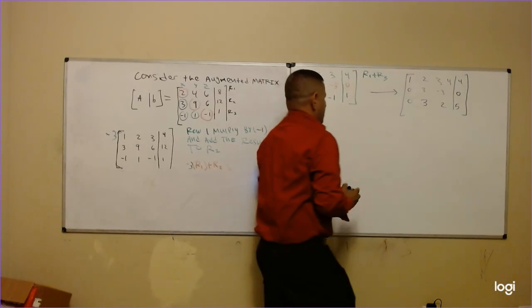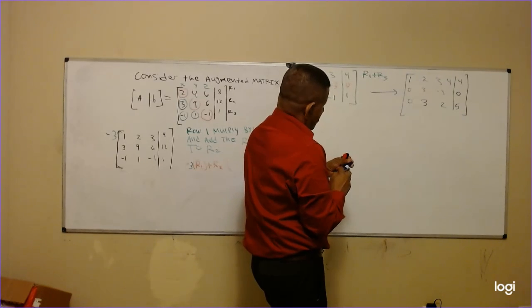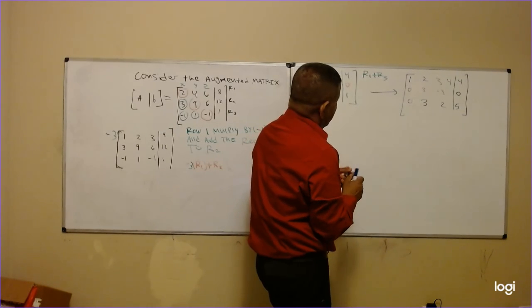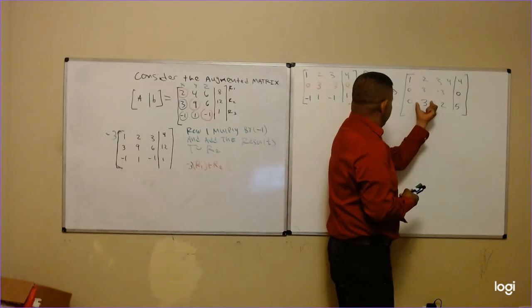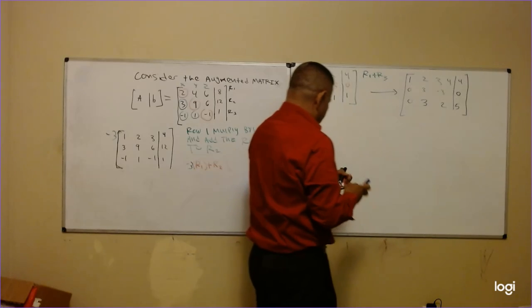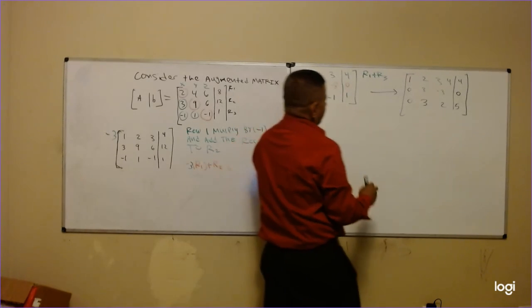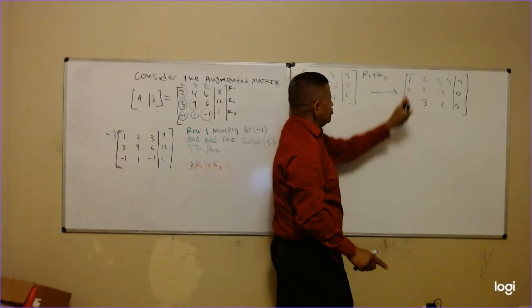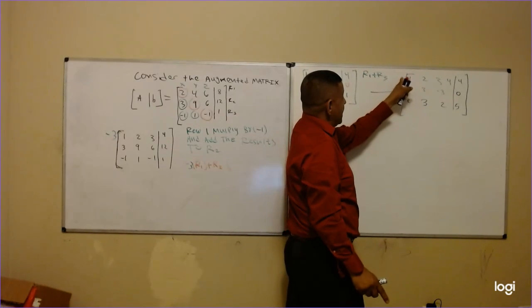Now, if you see this, what else can I do to get rid of this? I still have to make that a 0, right? So what I can do is multiply. See, the problem is here. If I try to use row 1, I will be adding a number to this.